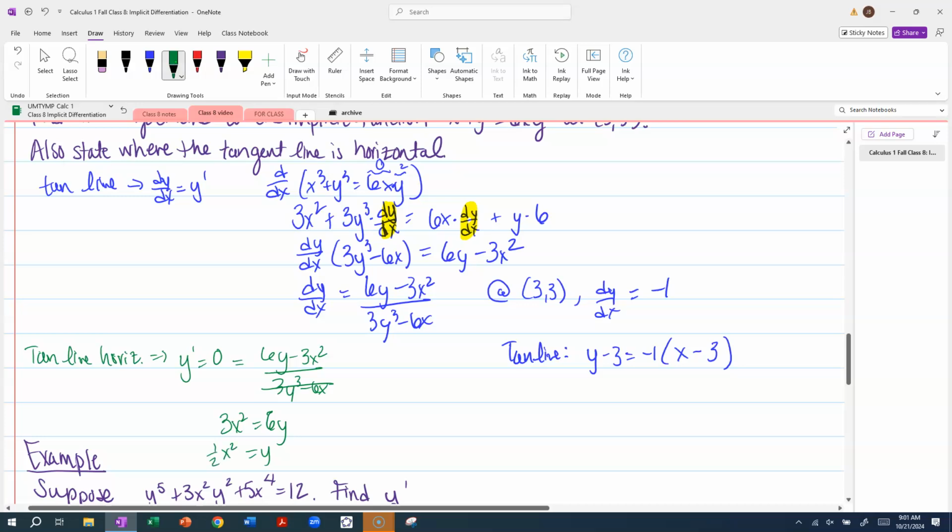Okay, so what do I do with that? Well, that's where I have to take that and sub that into the original equation. So I'd have x cubed plus 1/2 x squared, all cubed, is equal to 6x times 1/2 x squared.